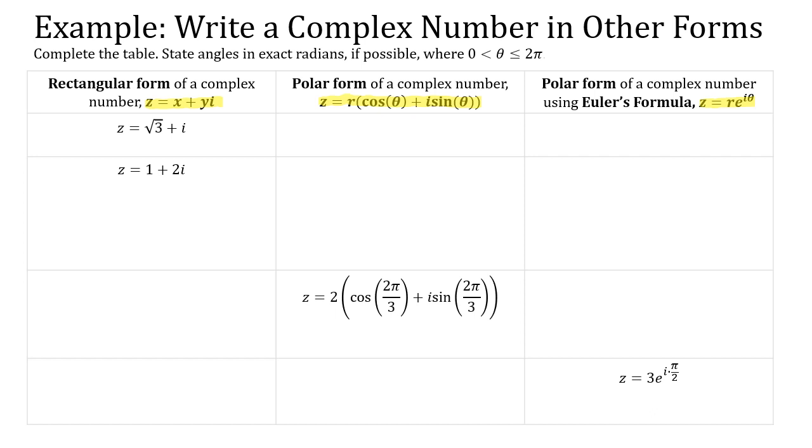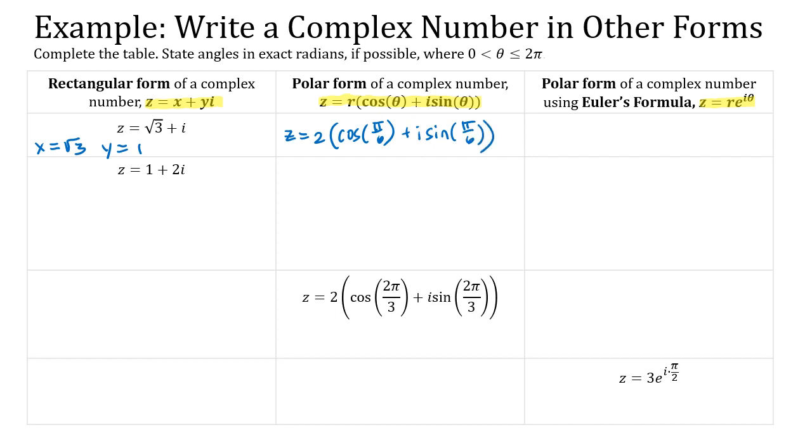Okay, so let's start with the first one. It says z equals the square root of 3 plus i. So in this example, we are saying that x is equal to the square root of 3 and y is equal to 1. Well, this example we actually looked at in a previous video, and we came up with the polar form of a complex number being z equals 2 times the cosine of pi over 6 plus i times the sine of also pi over 6.